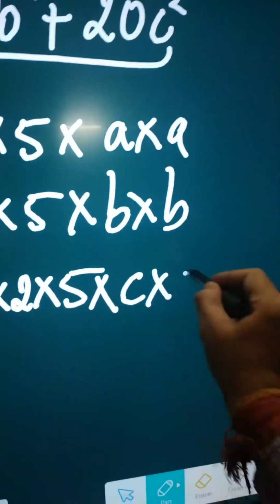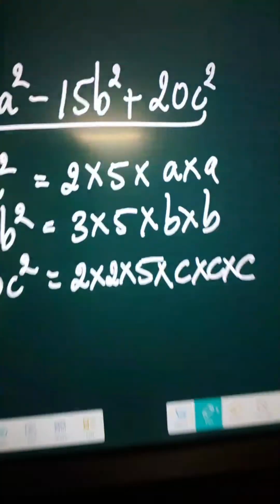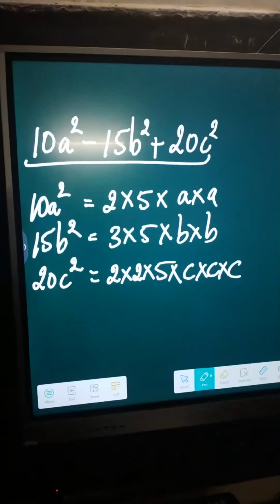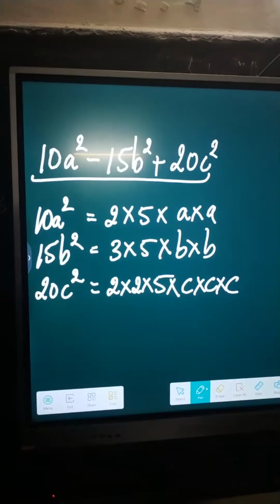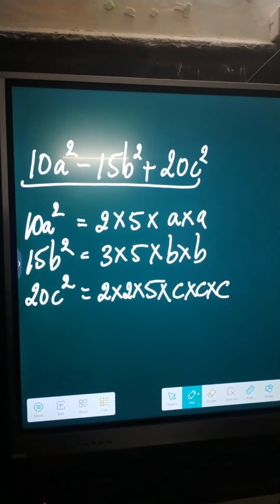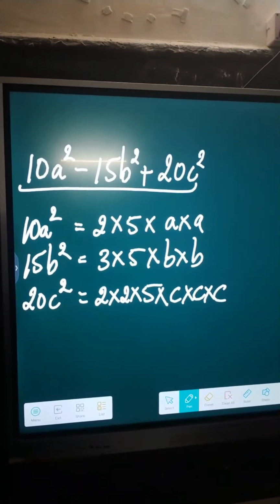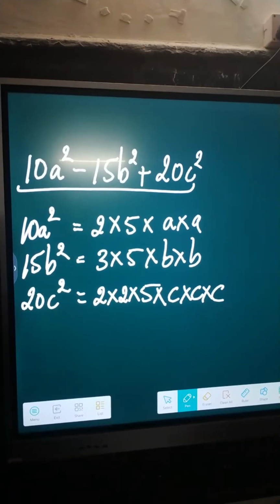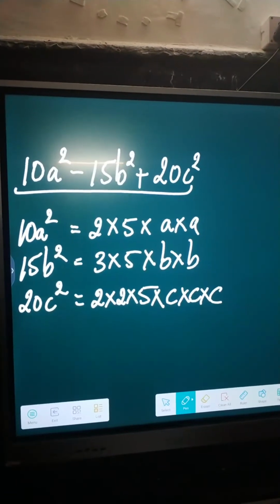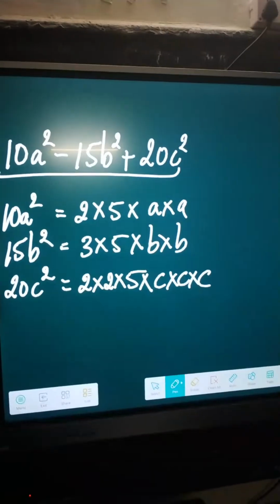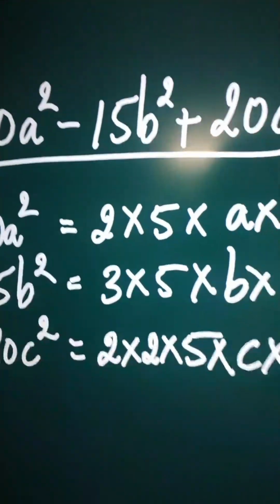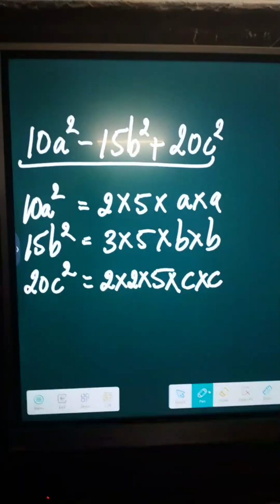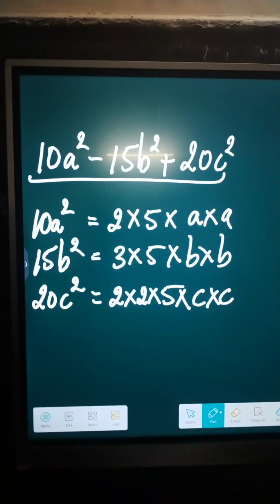Factors of 10a square are 2 into 5 into a into a. 15b square is 3 into 5 into b into b, and 20c square is 2 into 2 into 5 into c into c.